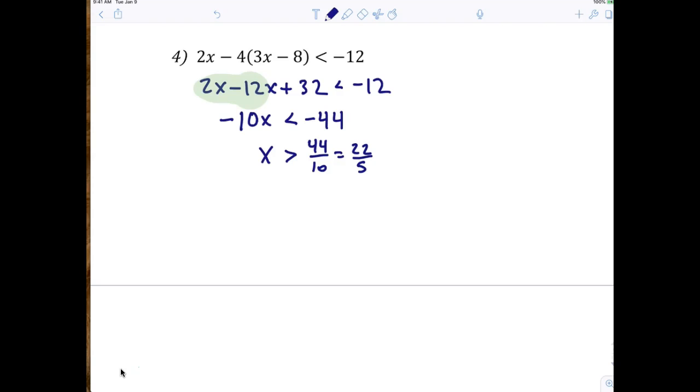All right, so x is greater than 22 over 5. So again, we're starting at 22 over 5, and we're heading out to infinity. Yes, I'm marking it wrong because you know better than to leave a fraction not reduced.